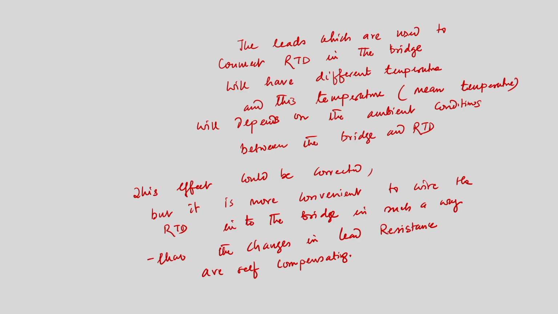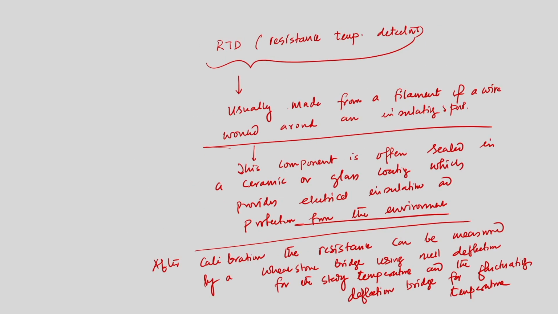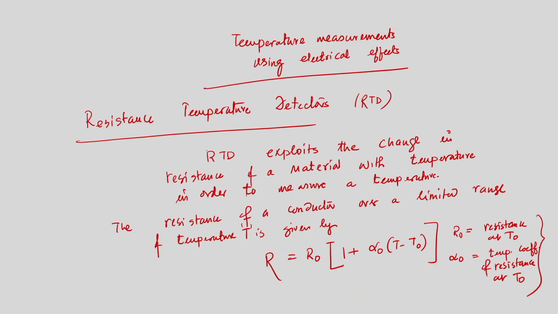Now, if we go to the first slide, we have seen that resistance temperature detectors essentially exploit the change in resistance of the material with temperature in order to measure the temperature. Now, I know the resistance at T naught is R naught, and alpha naught is the temperature coefficient of the resistance at T naught.